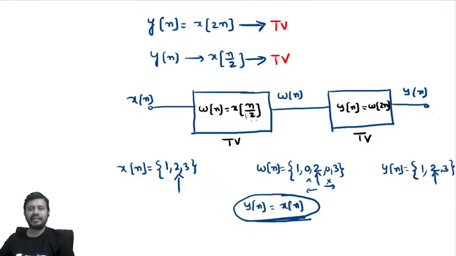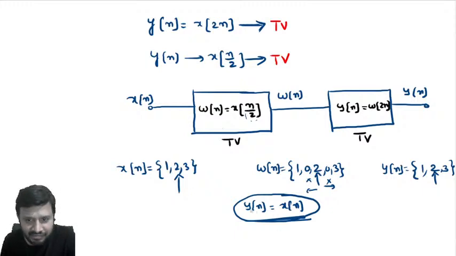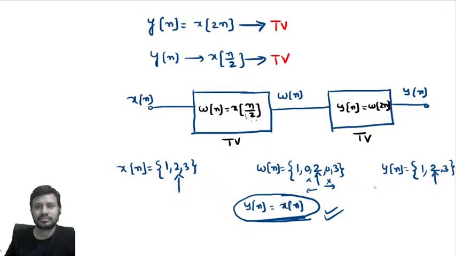If both are shift varying, we cannot guarantee that the overall combination is shift varying. It can be shift invariant also, or time invariant also. Okay, this is about this question.